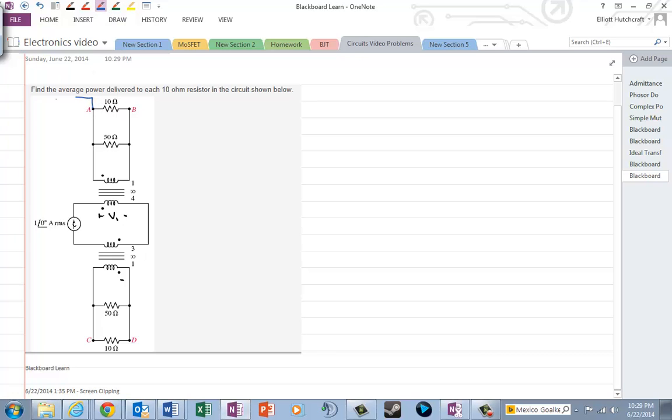When you think of connecting A and C and B and D, well, now notice you can't just take the 10 in parallel with the 50 on one side and the 10 in parallel with the 50 on the other side and backtrack, because if you do, what's going to happen?